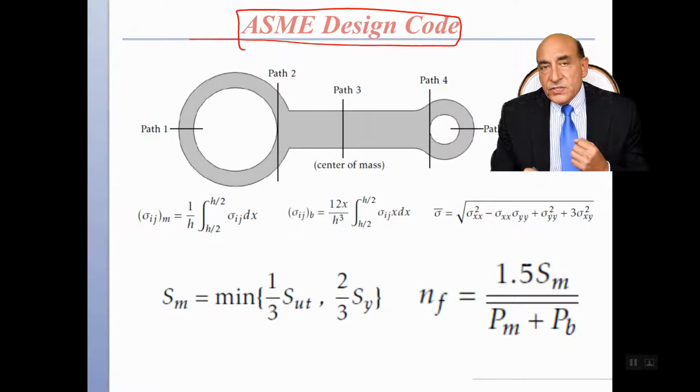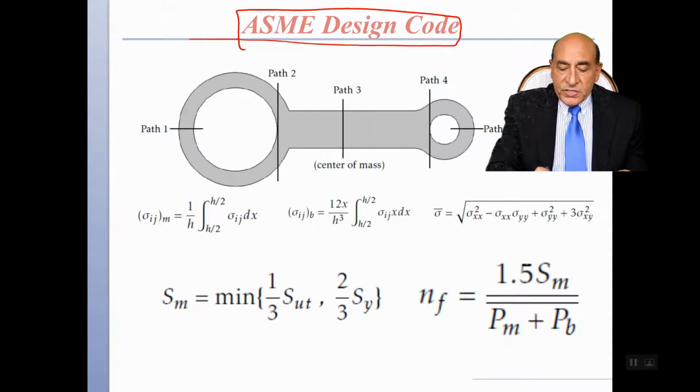So in order for us to determine a safety factor, we choose a critical path. A path is a cross-section. This is path 1. Another, path 2, is like here, another cross-section, because it might fail here, and another cross-section in the middle. So you can choose your own paths.